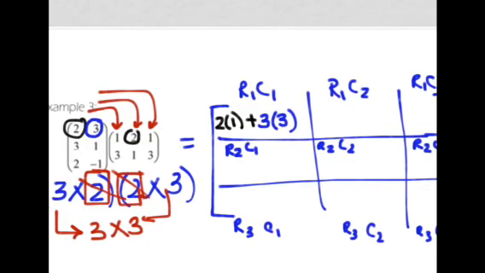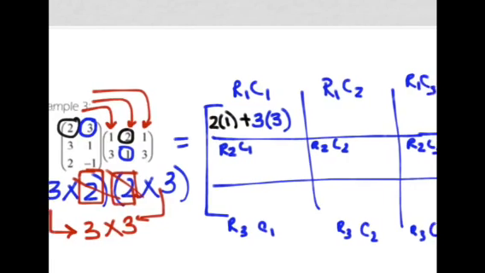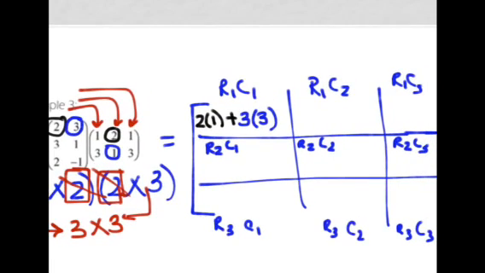So right now, the 2 will get multiplied by the 2, and the 3 will get multiplied by the 1. So that goes here. It's 2 times 2. I guess I should match up my colors again. 2 times 2 plus 3 times 1.